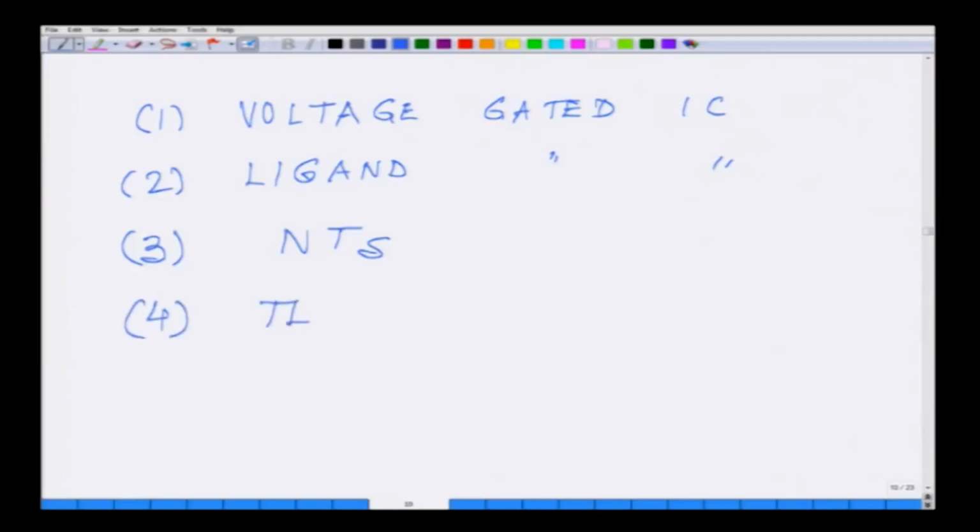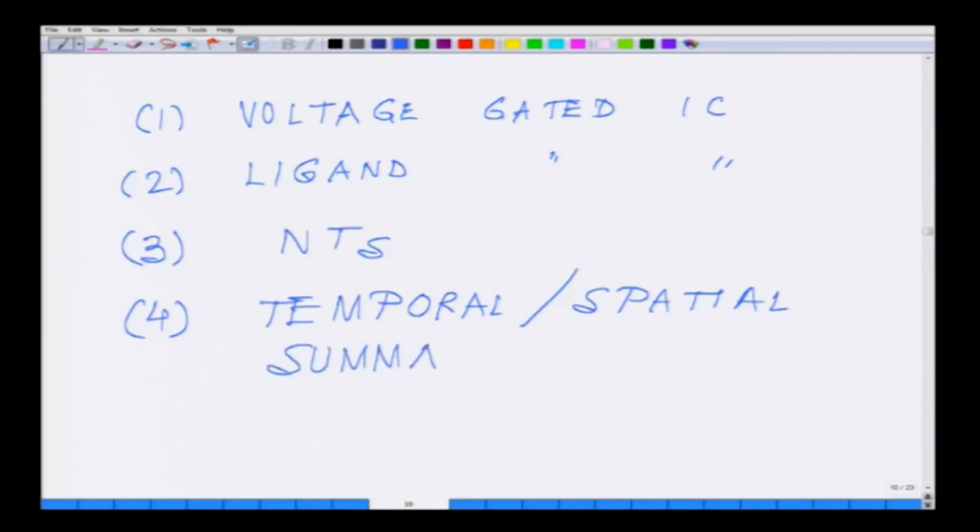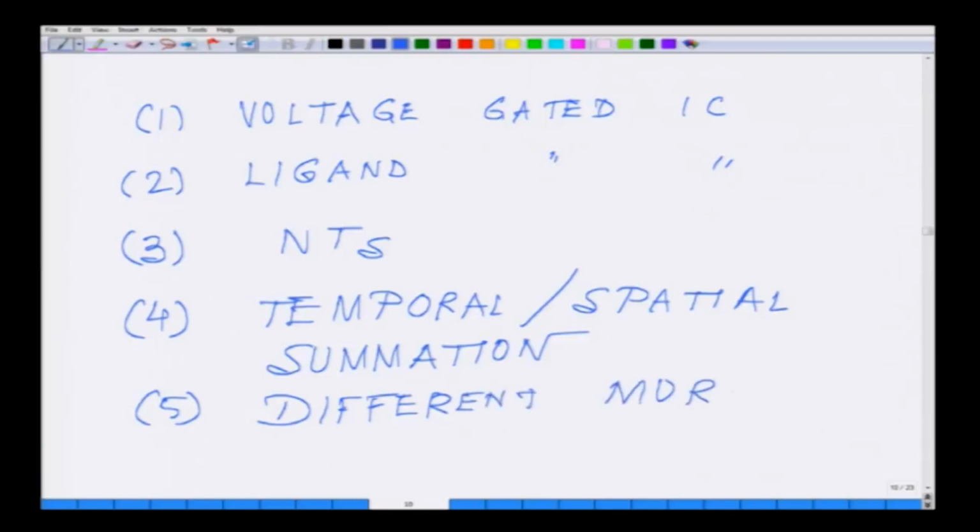Then you have temporal and spatial summation in the network, that is the 4th. Okay. Then you have different morphologies of neurons.